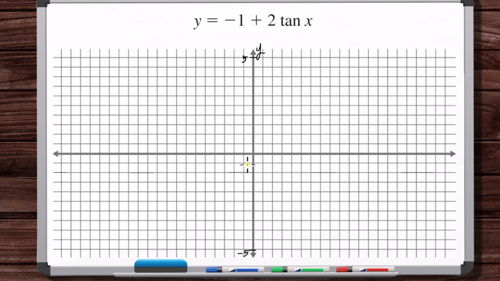Now the period hasn't been changed, so in tangent centered at the origin, the period is pi. 1, 2, 3, 4, 5. The period hasn't been shifted, no shifting about the x-axis, so we can draw the vertical asymptotes.